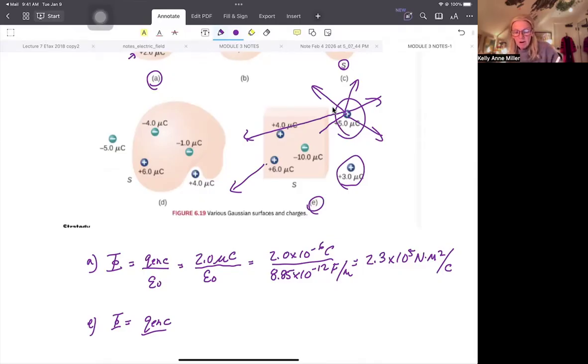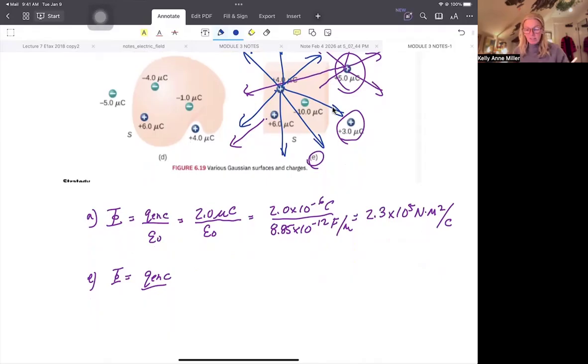Compare that situation to these inside charges, which do have a net flux, right? Because these lines are going out and they're not coming back in. So what we do for part E is we just add up the net charge inside the Gaussian surface. That's plus 6 plus 4 is plus 10, minus 10 is 0.